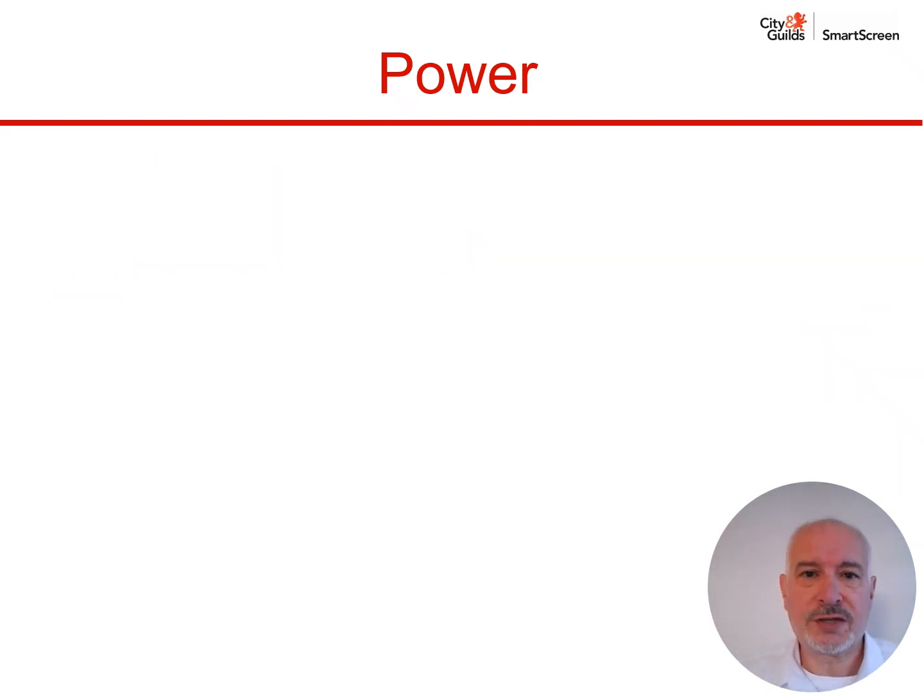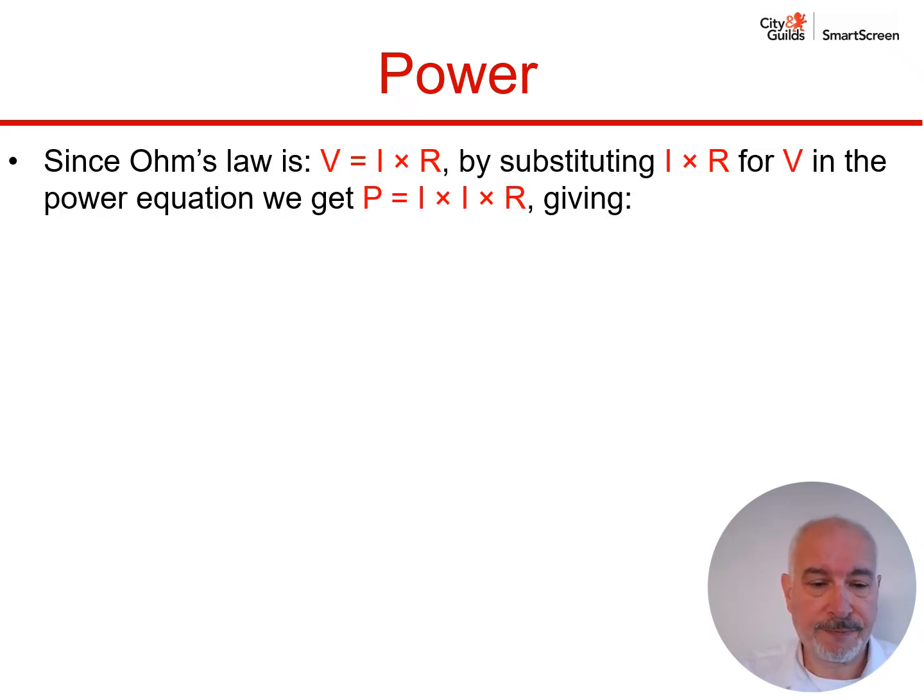So let's take a look at these other two formulae then. An interesting thing is that we derive these other power formulae from Ohm's law. I'm going to explain how. It's quite a complicated process, so bear with me.